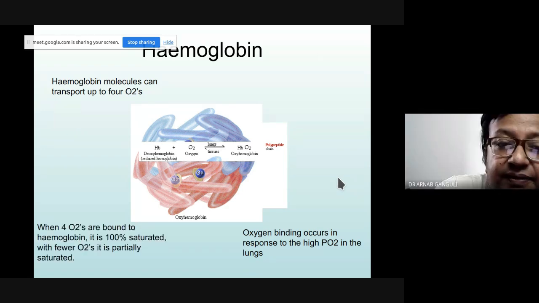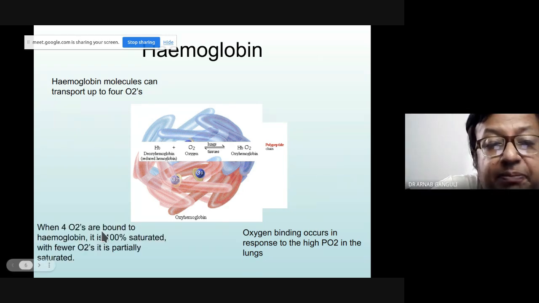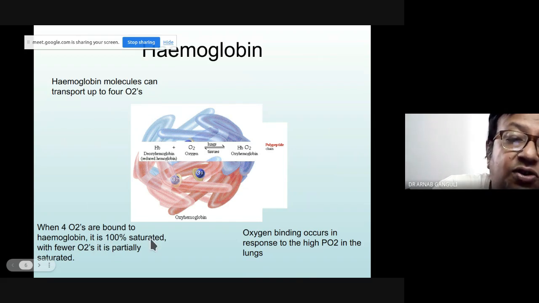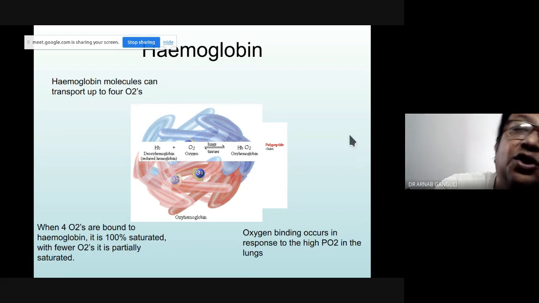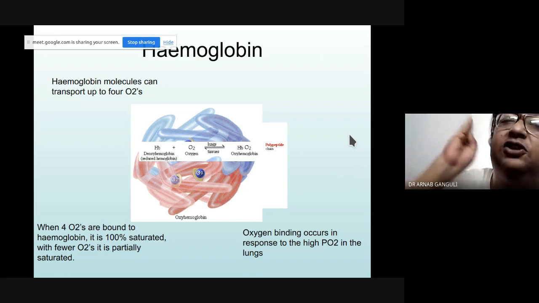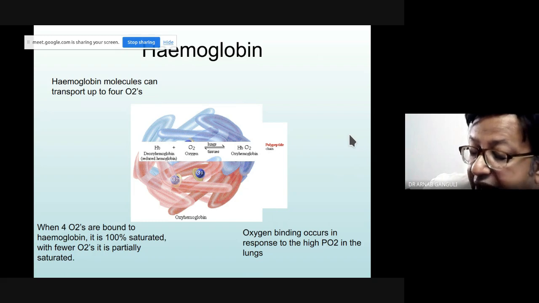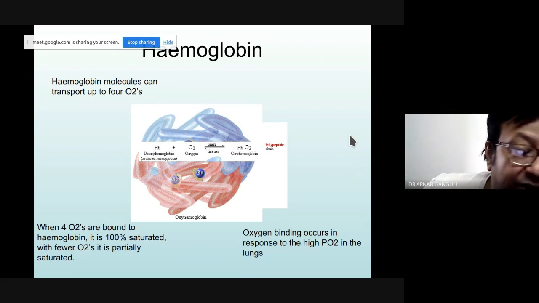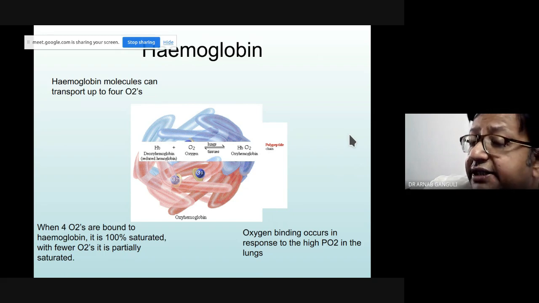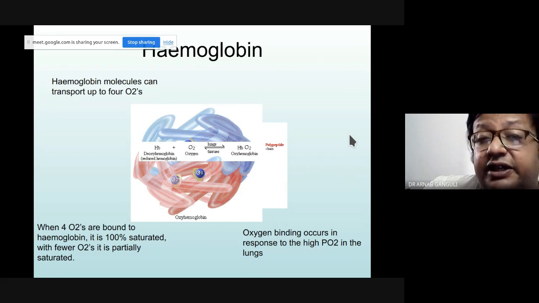Okay. So when 4 O2s are bound to hemoglobin, it is called 100% saturated. With fewer O2s, it is partially saturated. If one hemoglobin molecule binds to 4 oxygen molecules, it is known as 100% saturated hemoglobin.